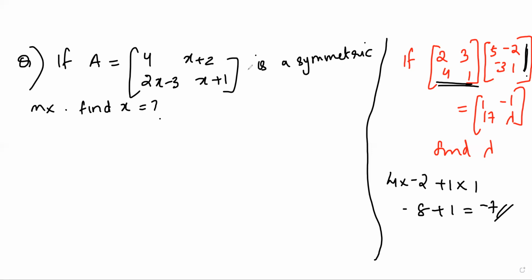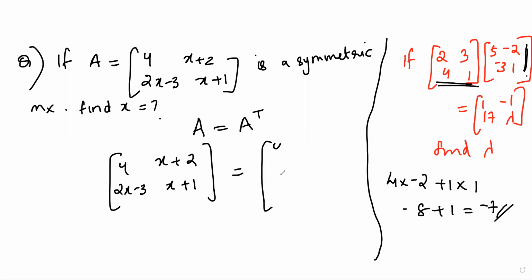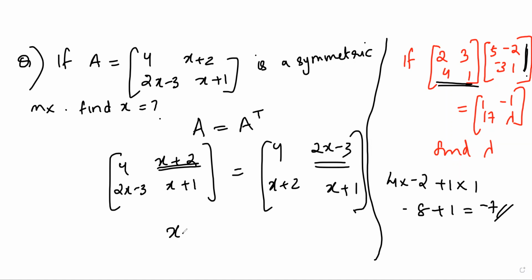Okay. So you are given a matrix which is symmetric. What do you mean by symmetric matrix? Symmetric matrix means A is equal to A transpose, isn't it? So here 4x plus 2, 2x minus 3, x plus 1, that is equal to its transpose. So transpose is 4x plus 2, 2x minus 3, x plus 1. So this is equal to this one, isn't it? X plus 2 is equal to 2x minus 3. So simplified, you get 5 is equal to x.